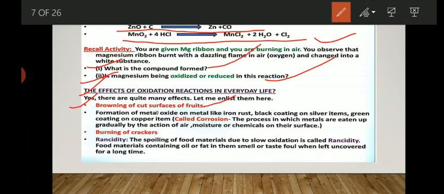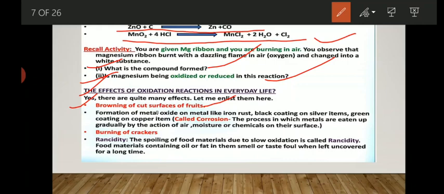Now the most important effect of oxidation is corrosion. See what exactly corrosion is. Corrosion is a type of chemical change in which metals come in contact with air, water and the moisture present in our surroundings along with several types of gases.